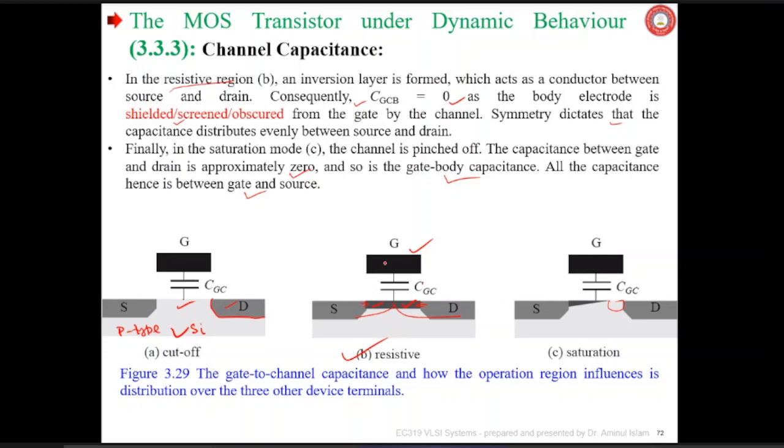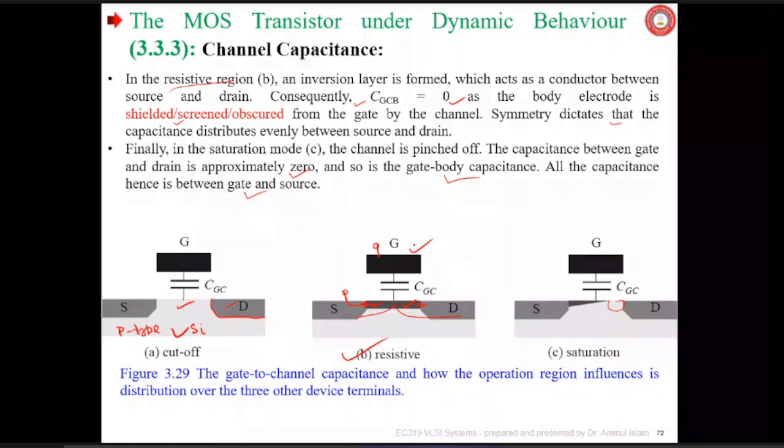As if for the top plate you have a connection here, and for the bottom plate you have given a connection here. Similarly, to the right side also you have a contact for the top plate of the capacitor, and for the bottom plate you have another.